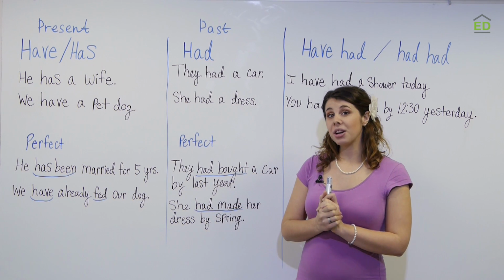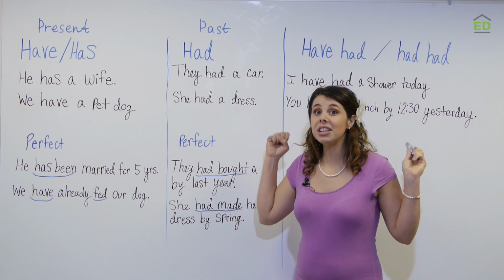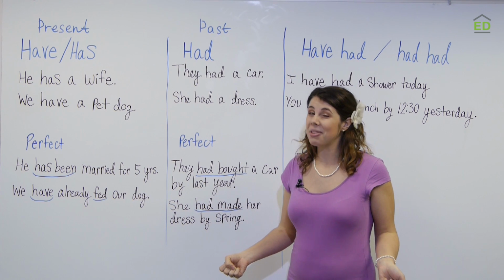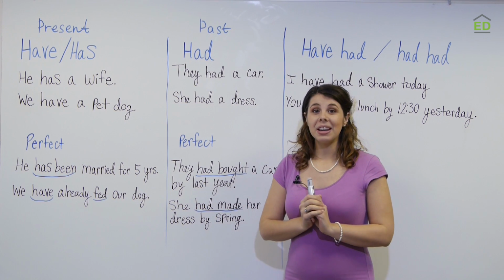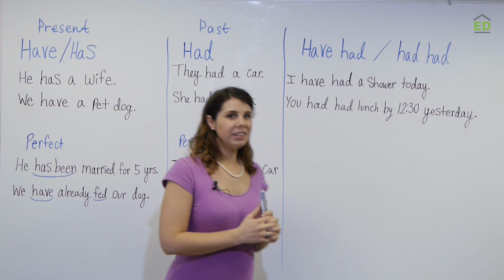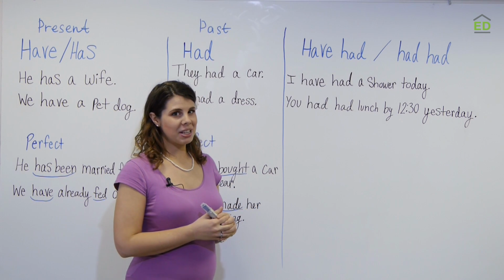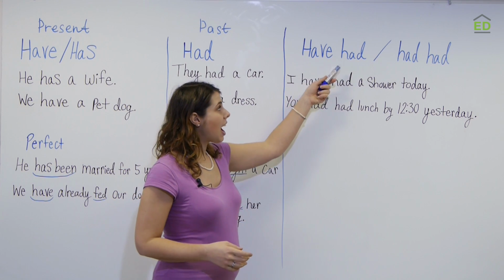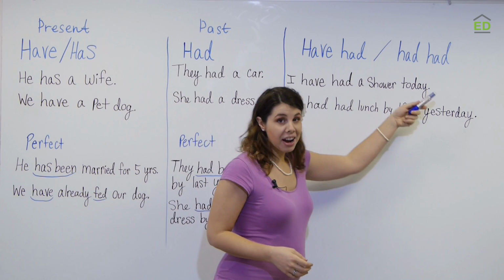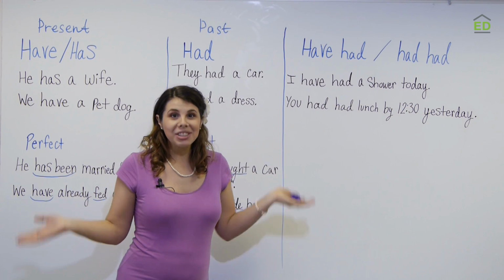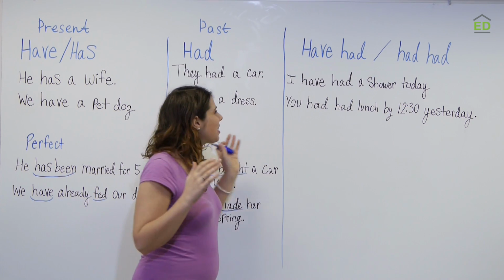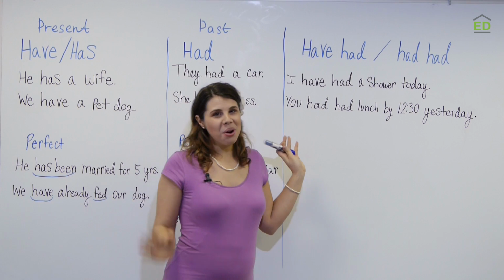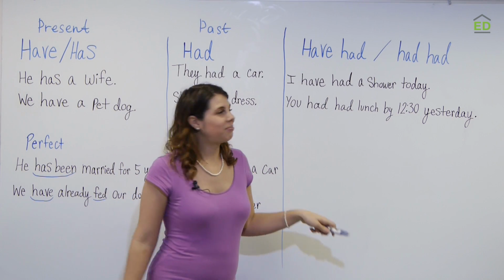All right, let's go ahead and challenge ourselves even more and do something really difficult. Sometimes we like to mix them together and say have had or had had. Oh my gosh, what do we do? Okay, don't worry, it's all okay.